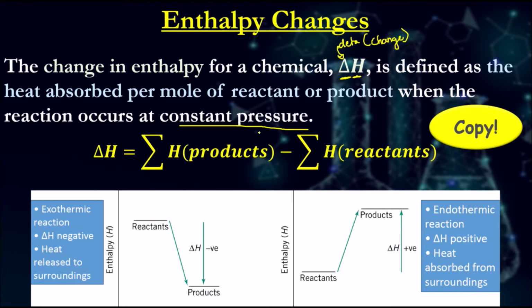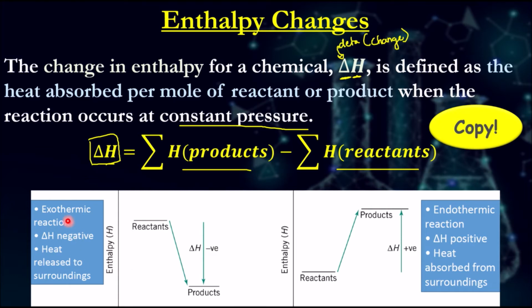You don't really need to remember the entire definition, but you just need to know delta H will tell you whether or not you get an exothermic or endothermic reaction. To measure delta H, we need to subtract the overall enthalpy of the reactants from the overall enthalpy of the products. Again, you're not expected to do this calculation in year 10. What you need to know more so is what delta H represents, and if you're given a value, can you work out if it's exothermic or endothermic, so stuff like that.